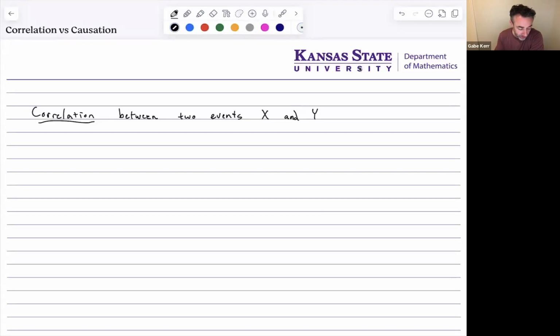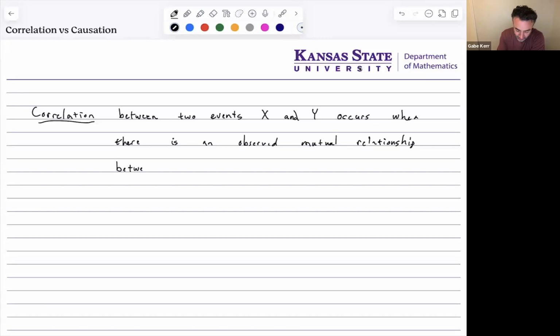Correlation between two events occurs when there's an observed mutual relationship between the two events, or sort of between them.